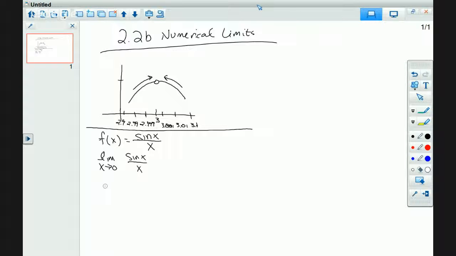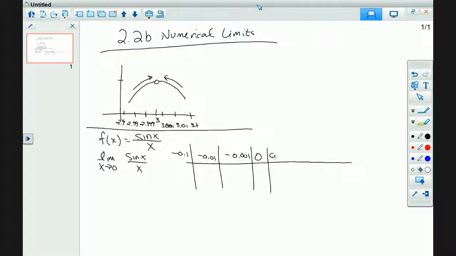We're going to 0, so what numbers do we need to use on each side of it? 0 is our goal. So we're starting far away and getting closer and closer from the negative side, and then 0.